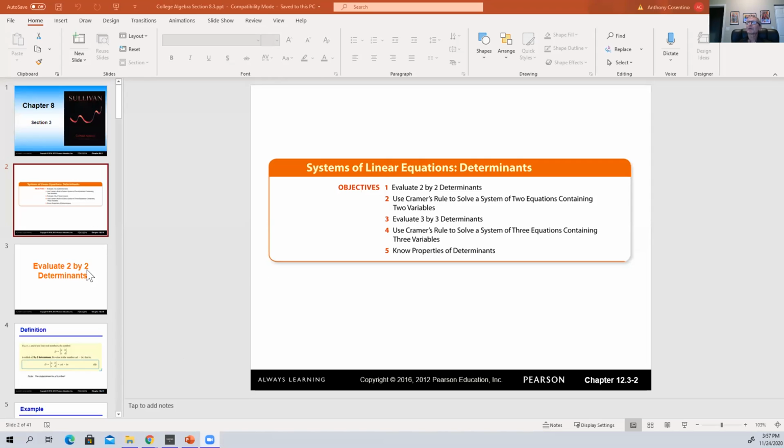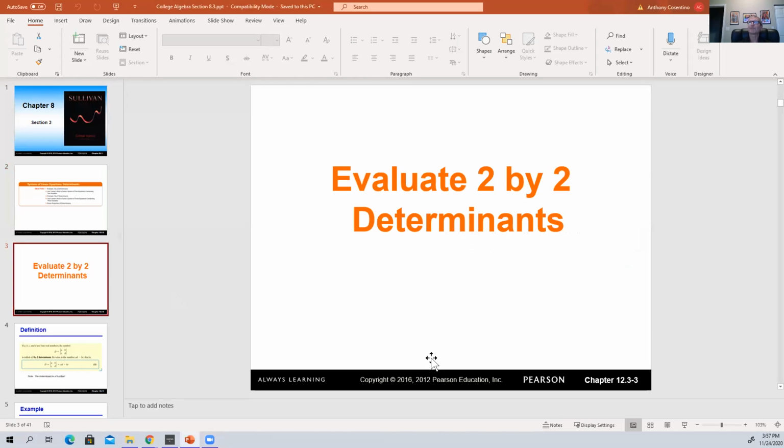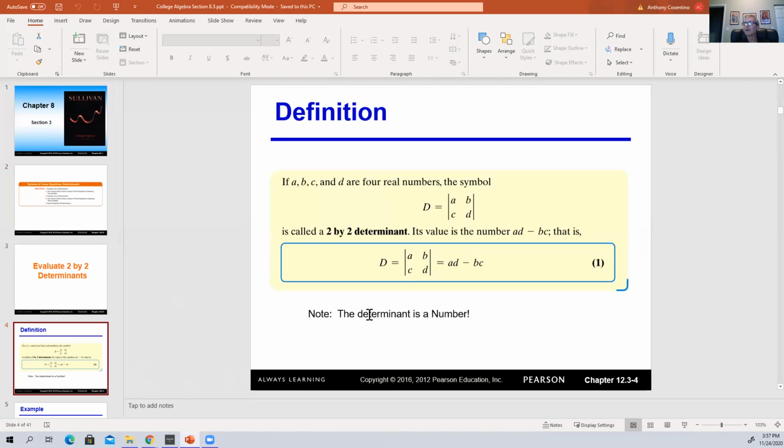So let's get started and jump right in. We're going to start by evaluating what we call a 2x2 determinant. The matrix is 2x2, and out comes an answer. It's a reasonably simple calculation, I hope, once you get the hang of it.